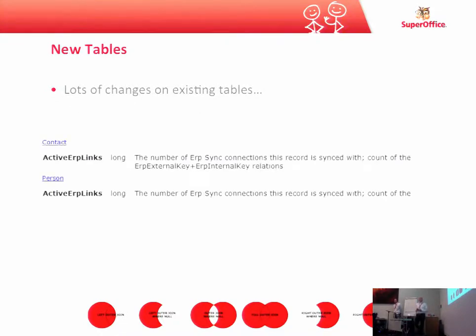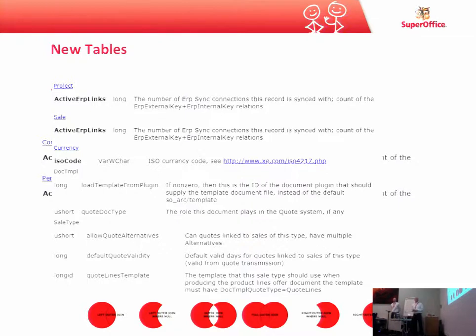And then you have 5 new product lists concerning category, family, price unit, subscription unit, and type. These are all configurable lists, as you all know them in SuperOffice. Any questions to this? No?